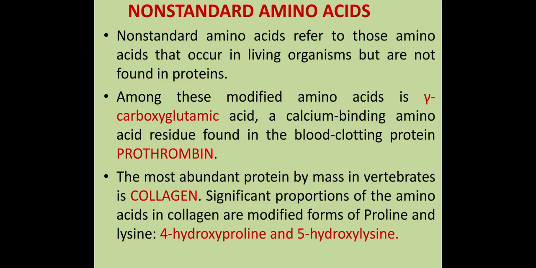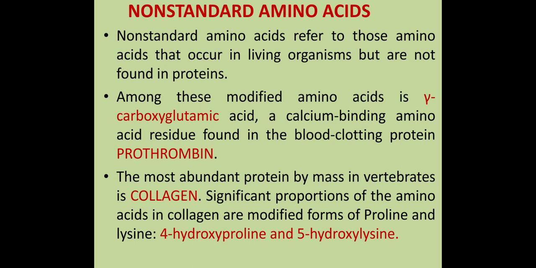Non-standard amino acids. These are those amino acids that occur in living organisms but are not found in proteins. The best examples of non-standard amino acids are gamma carboxyglutamic acid, 4-hydroxyproline and 5-hydroxylysine.